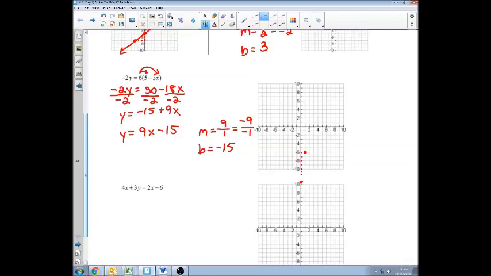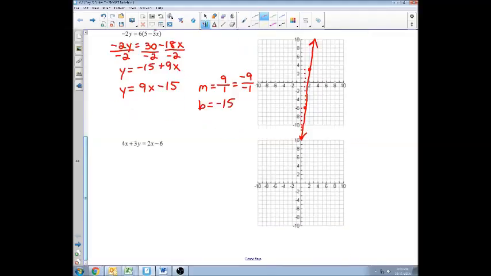So we're here. Okay. Then I'm going to do it again, because if I try to go to the point to the left of my y-intercept, I'm not going to find it on this graph. So down 9, left 1. Connect all these points, and I have my graph.